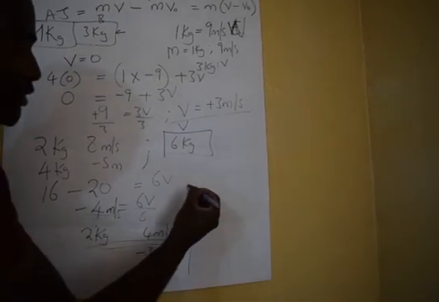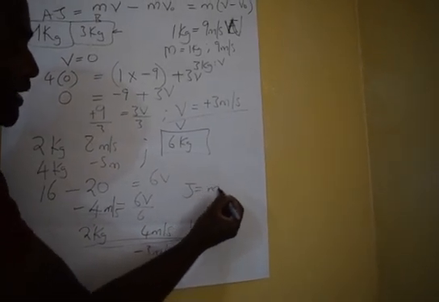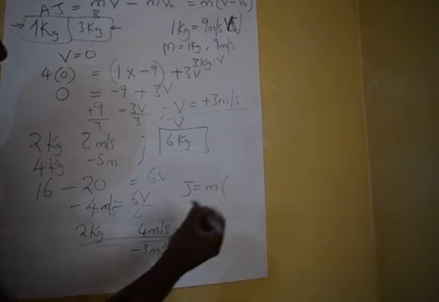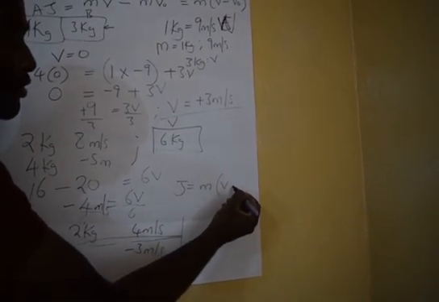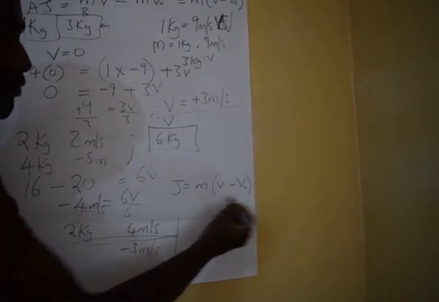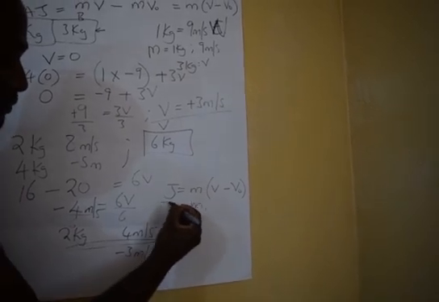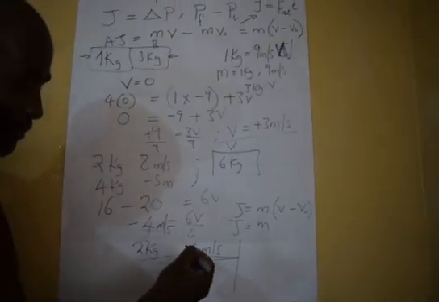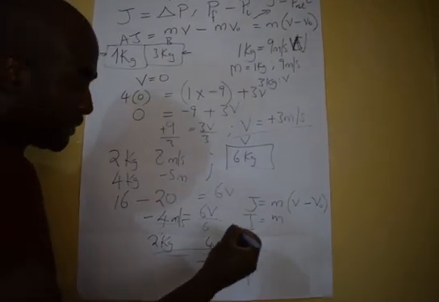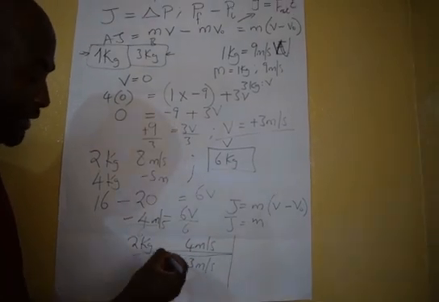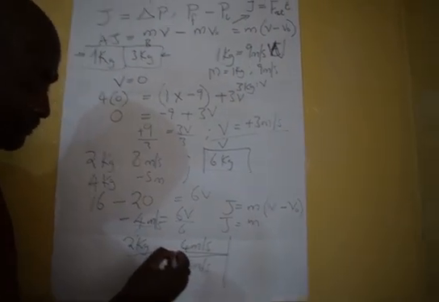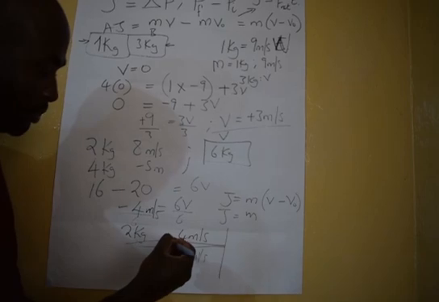So the impulse J will simply be mass times final velocity minus initial velocity. Let's say it was going west at first, because I want a positive answer.